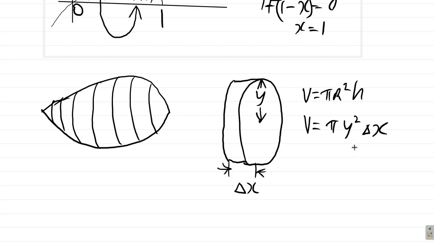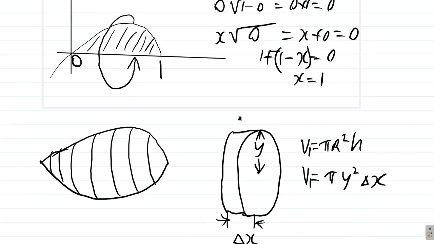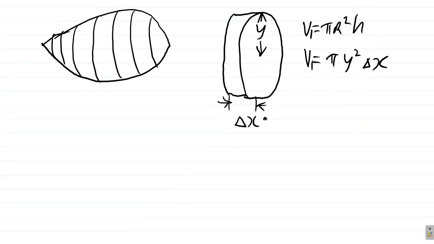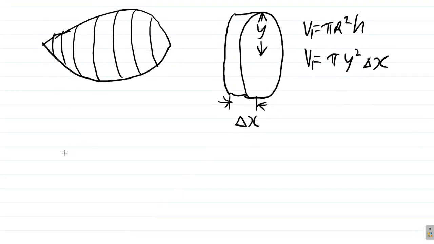Alright? Now, let's call it V1, the volume for one of them. Now the total volume, let's call it V, is equal to, what happens when you put all the slices together?